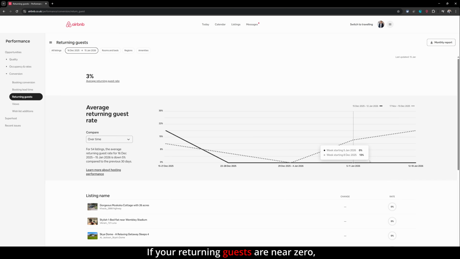If your returning guests are near zero, that's normal for touristy markets. Focus on reviews, not on loyalty. And if returning guests are meaningful in your chart, keep your pricing consistent, avoid extreme volatility, and protect availability for your repeat guests. Many hosts expect Airbnb to behave like hotels with loyalty programs. Airbnb is demand-driven, not loyalty-driven.